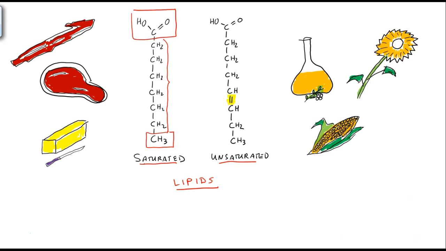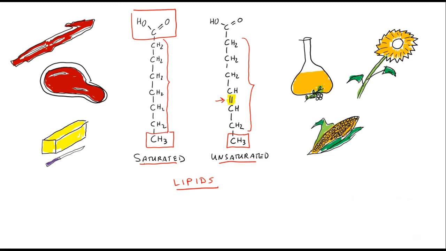In an unsaturated fatty acid, you have a hydrocarbon chain, again, with a methyl group at the end, but not every carbon in the chain is saturated with hydrogens. One or more can be lacking in hydrogens. And when you see that double bond there, then you realize that there are some missing hydrogens and therefore carbon must bond to itself.